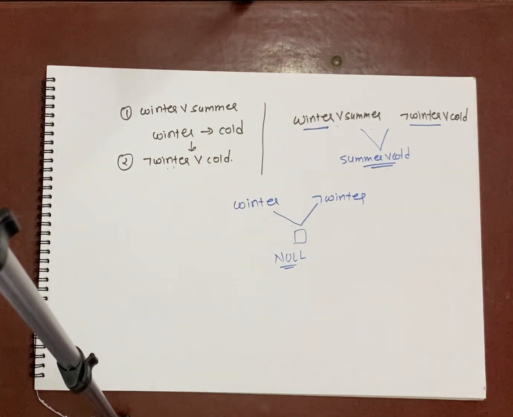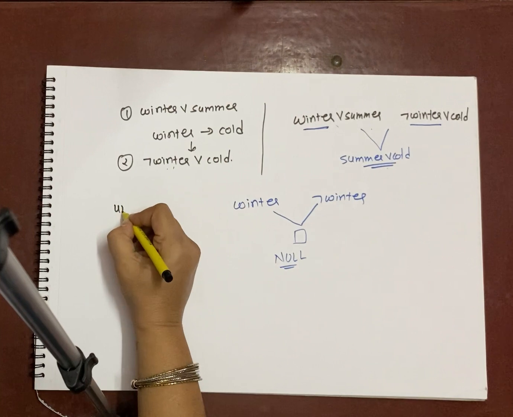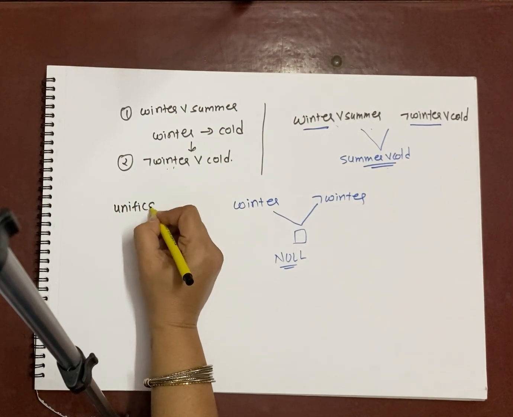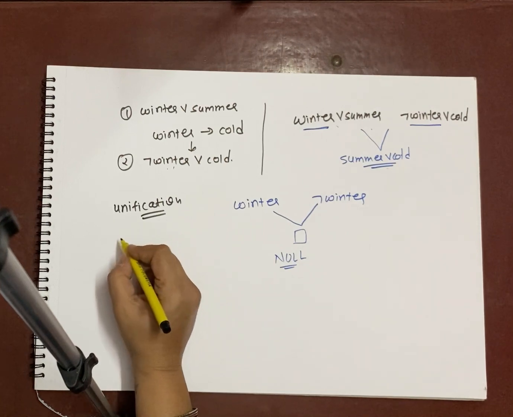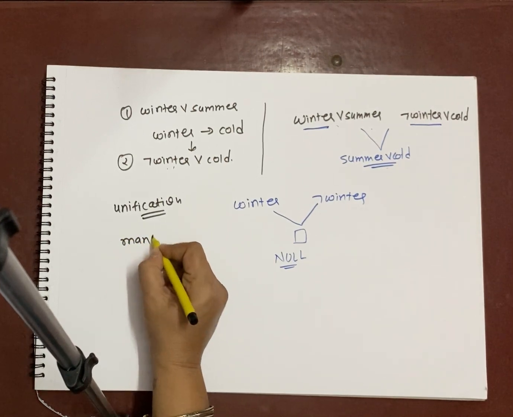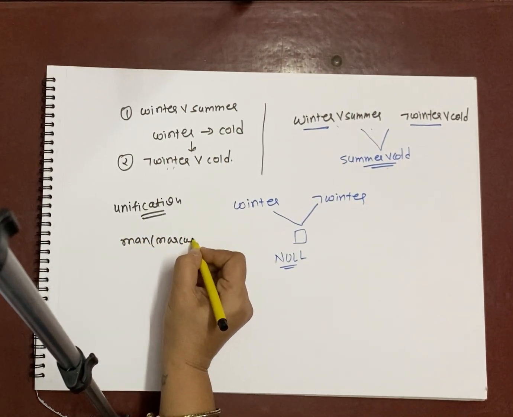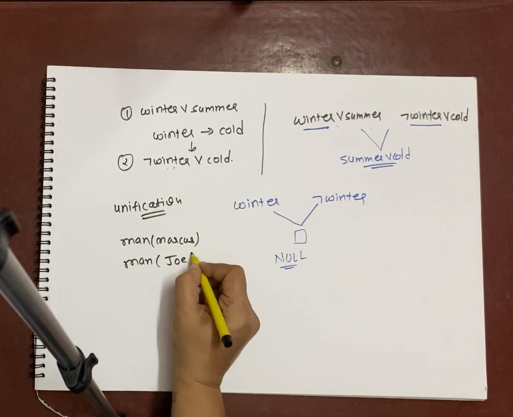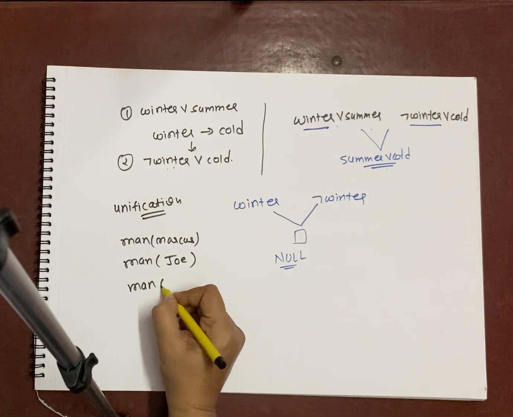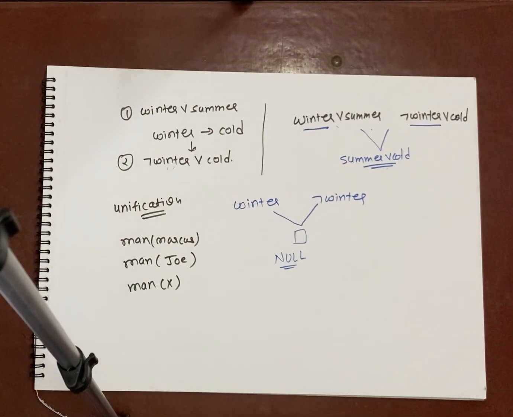Now, for applying resolution to predicates, we have to consider the concept of unification. Let me describe unification. The predicates you use are of the form man(Marcus), man(Joe), man(X).